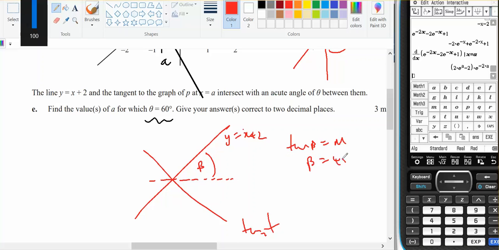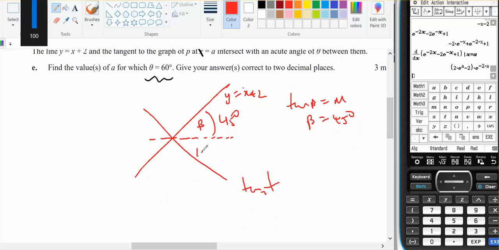So beta equals 45 degrees. If this down here is 15 degrees, then that will give me one example.